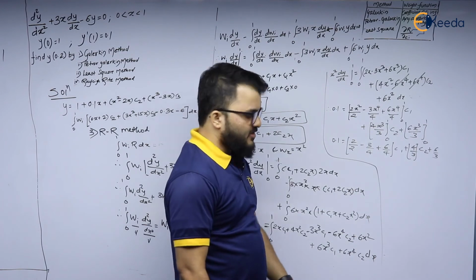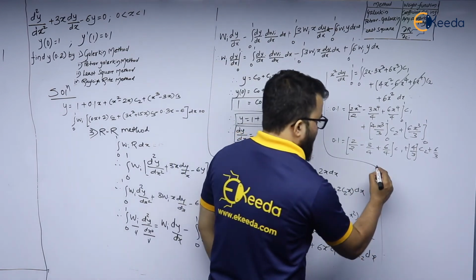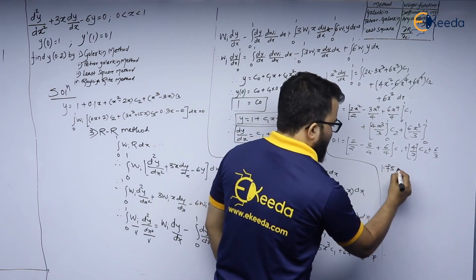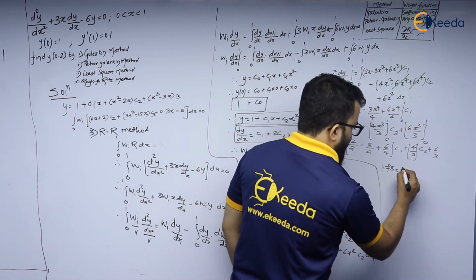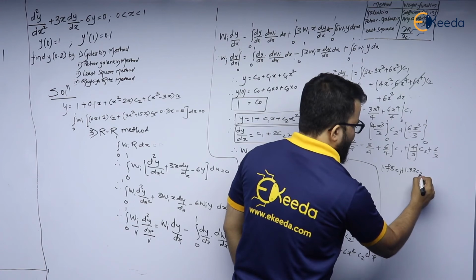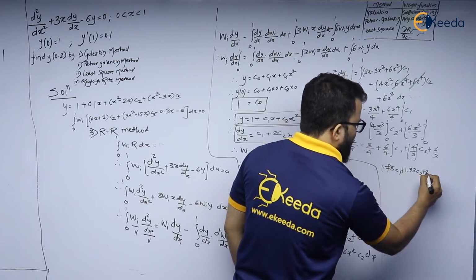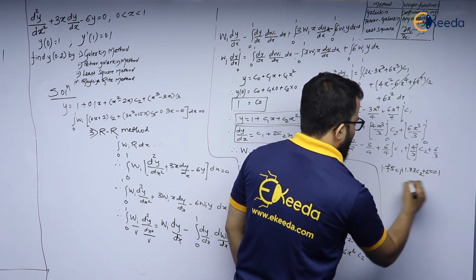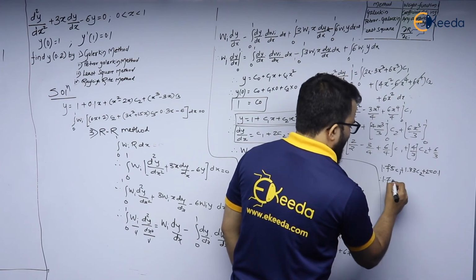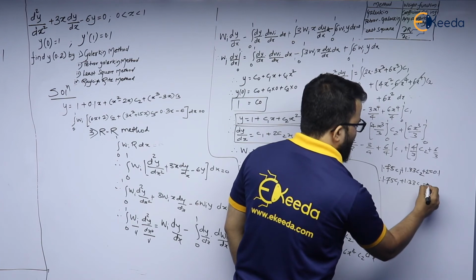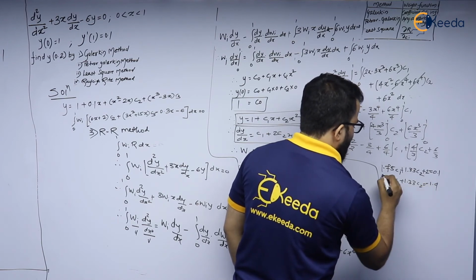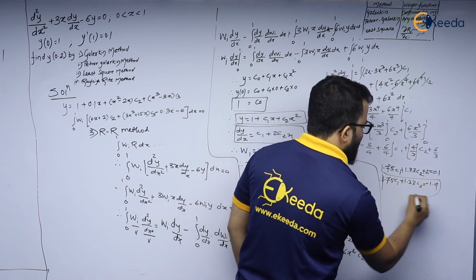After solving this equation, you will get 1.75 c1 plus 1.33 c2 plus 2 is equal to 0.1, which is nothing but 1.75 c1 plus 1.33 c2 is equal to minus 1.9. So this is my equation number 2.